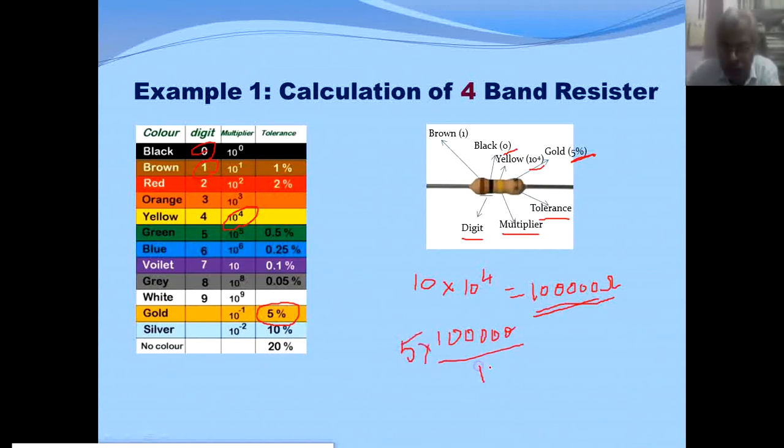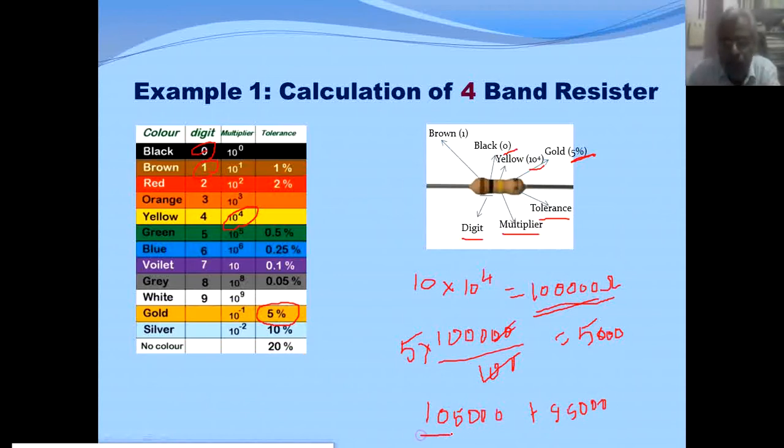5 into 100, we cancel out these two, so we will get 5000. It means the range of this resistor will be 1,05,000 to 95,000.